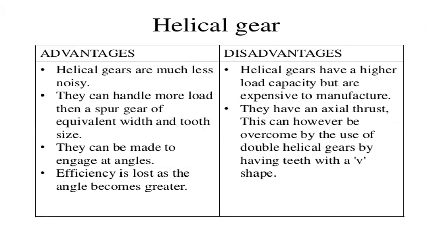Spur gears also handle load, but helical gears can handle more load than spur gears having equivalent width and teeth, and they can be made to engage at smaller angles also.